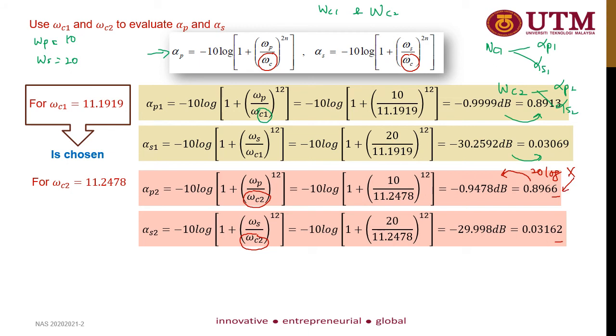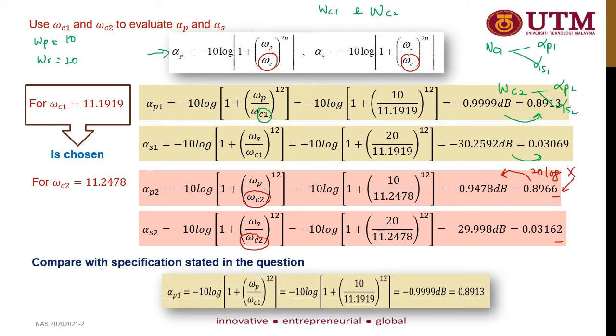Okay, once you have all the values using two omega C values, then you have to decide which omega C to be used. So in this case, you need to refer back to the statement or the filter requirements. So the passband gain, meaning that alpha P must lie between 1 and 0.891.